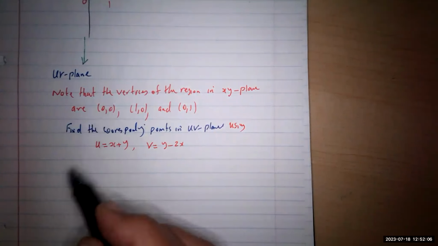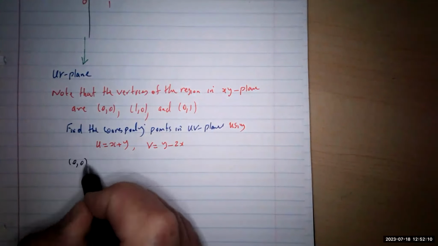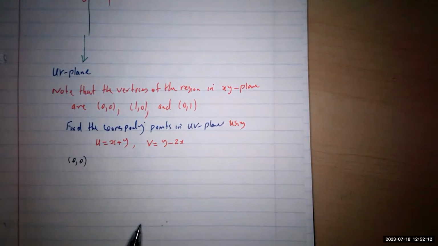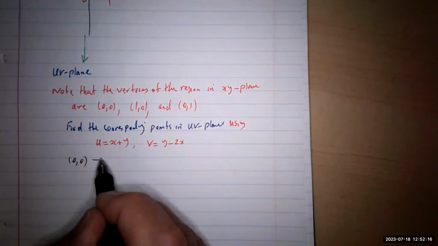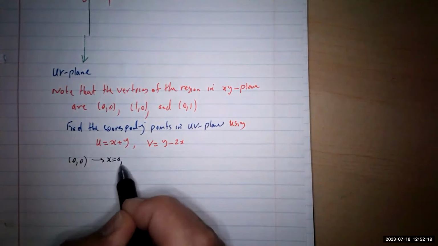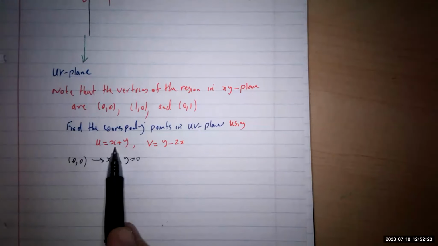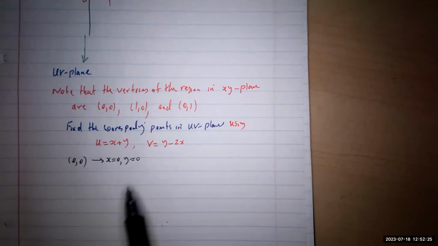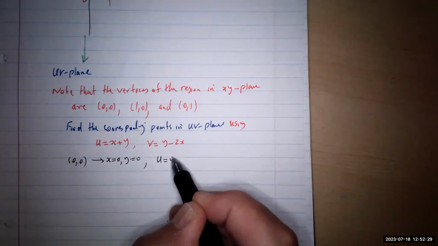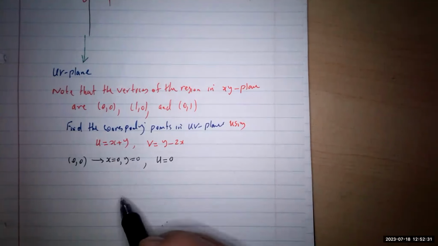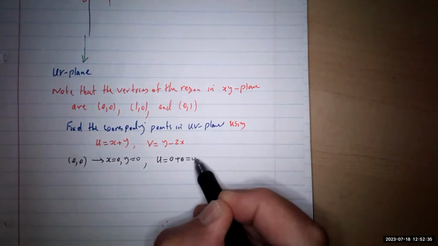You get (0, 0) in XY coordinates. In the case of (0, 0), you have X equal to 0, Y equal to 0. So you put it here. U would be 0 plus 0, which is equal to 0.